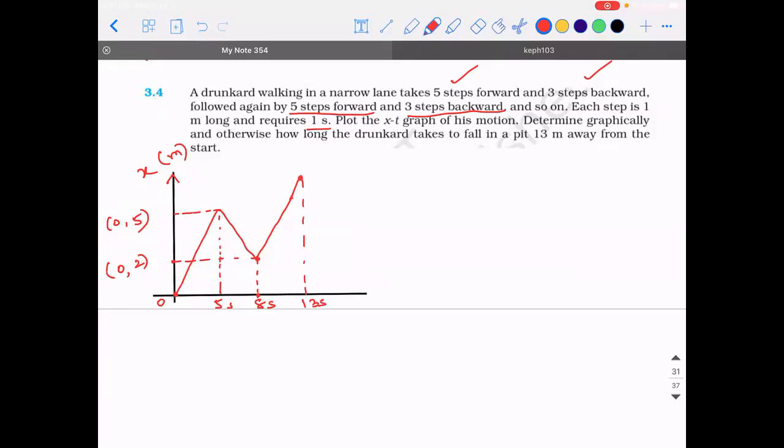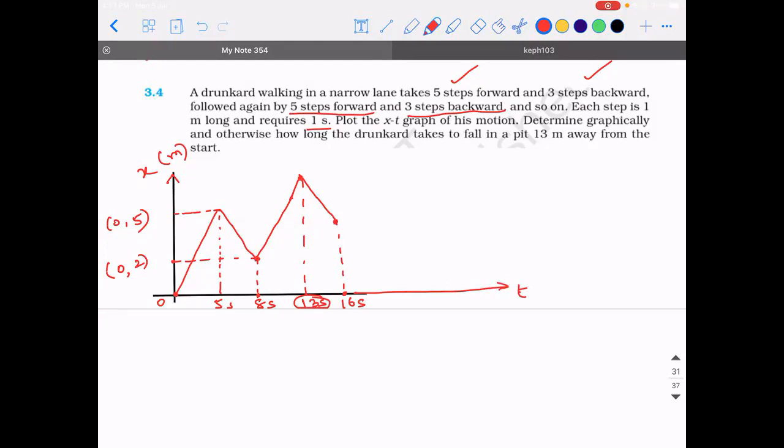After 7, again he will come back to 4. After 13 seconds, he takes 3 more seconds to come back, so 16 seconds. After 16, again, now where is he?